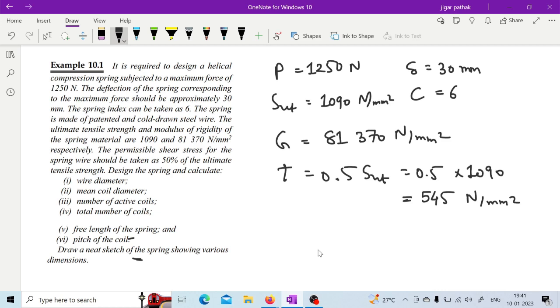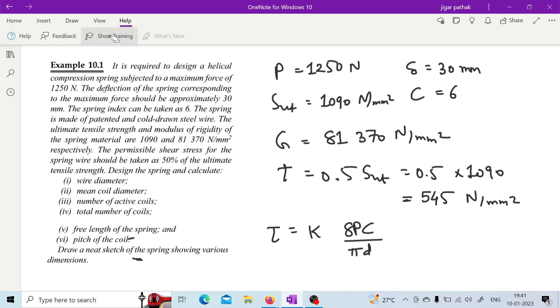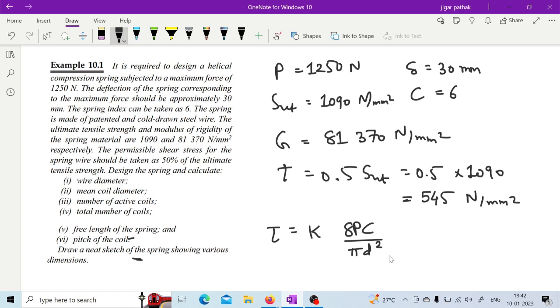Because the shear stress formula is tau equals K into 8 PC upon pi d cube, sorry, pi d square. This formula will give you the wire diameter.